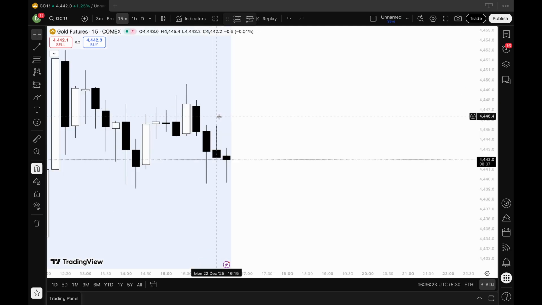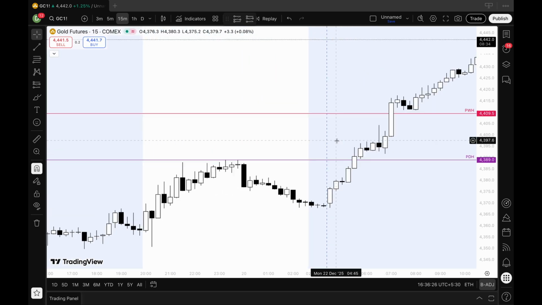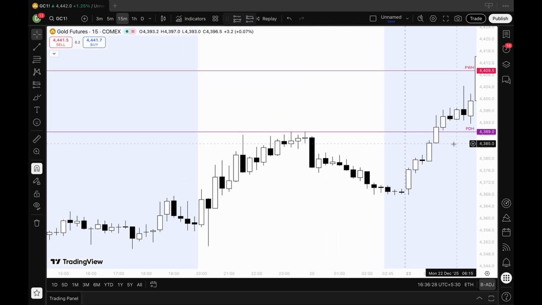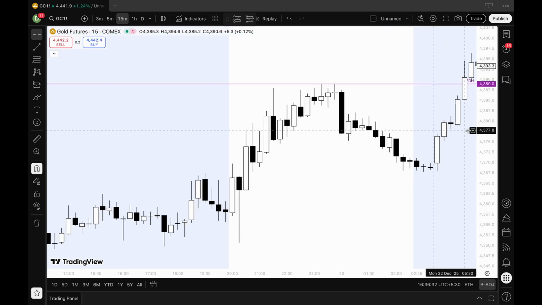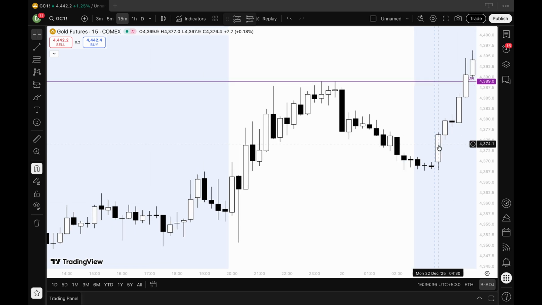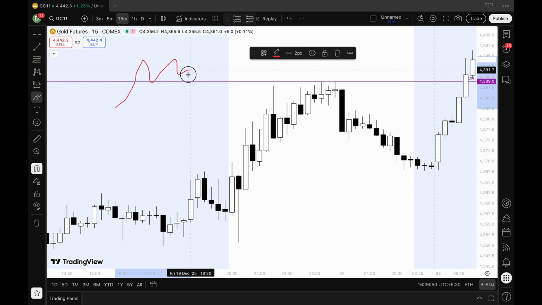So you go to the 15-minute and here, as you can see, this is the previous day high. Price opens, closes above with an impulse candle. Now in this case we did not have any consolidation, so we are looking for some action that tells us that there is a possibility of a rounded reversal. So we are looking for something like this.